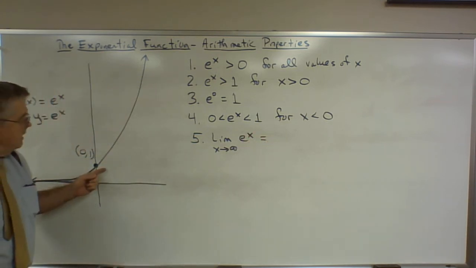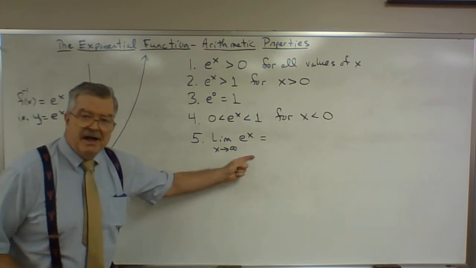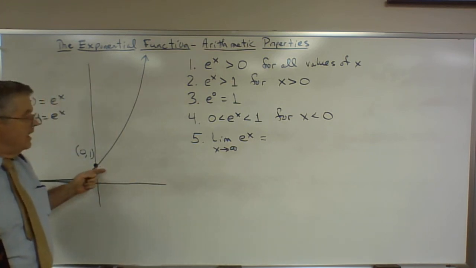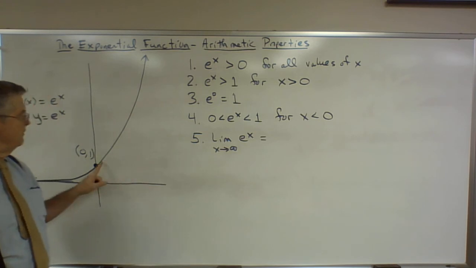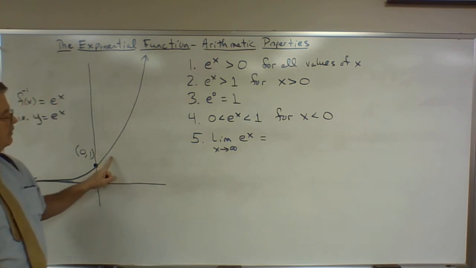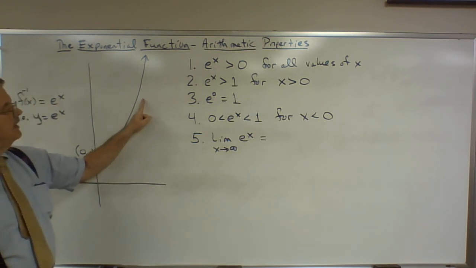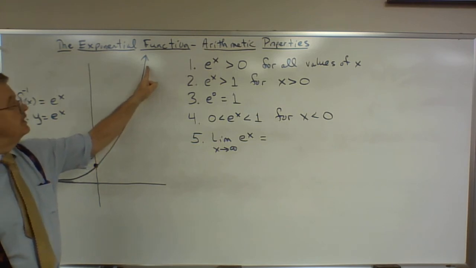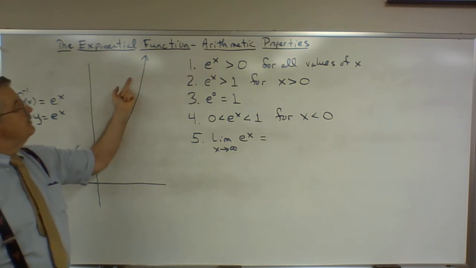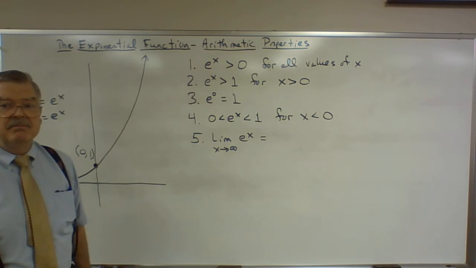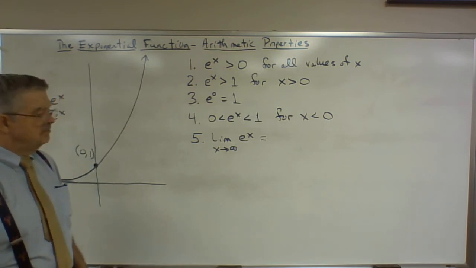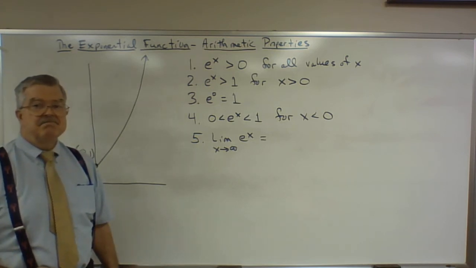Okay. Now suppose that x goes to positive infinity. As we move along the graph as x goes to positive infinity, what does e to the x, the y coordinate, do? Go to infinity?